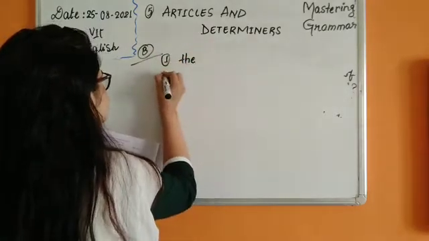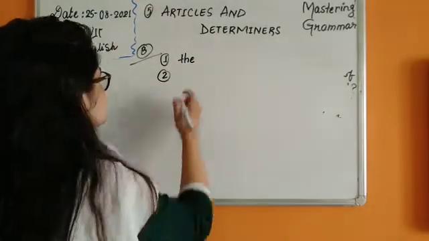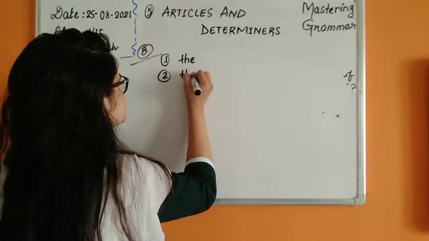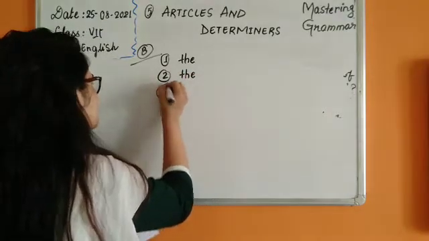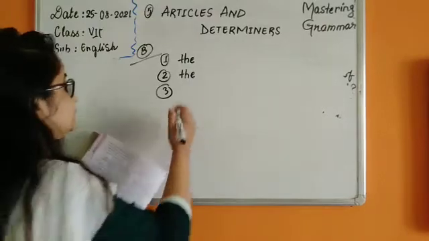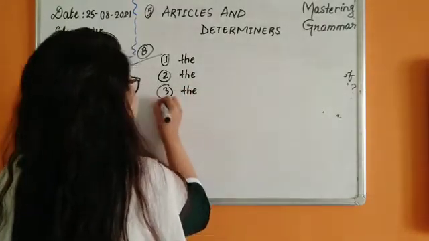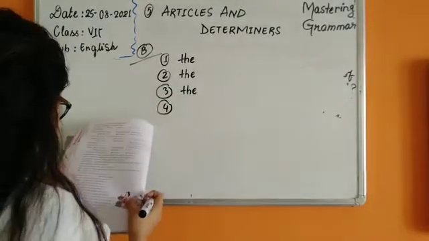Okay. Number 2. He always speaks the truth. So truth is, children, one only particular truth. 3. We should always help the needy. Okay, we are talking about a specific class of people, the needy section of society.